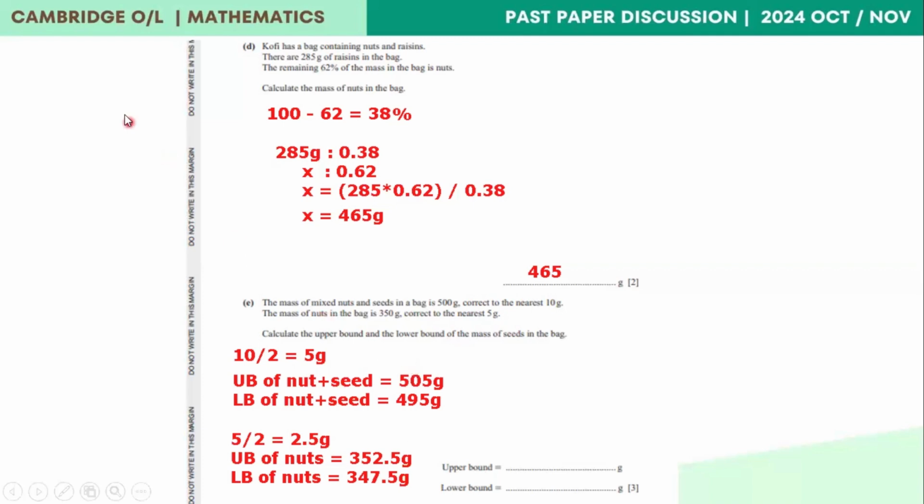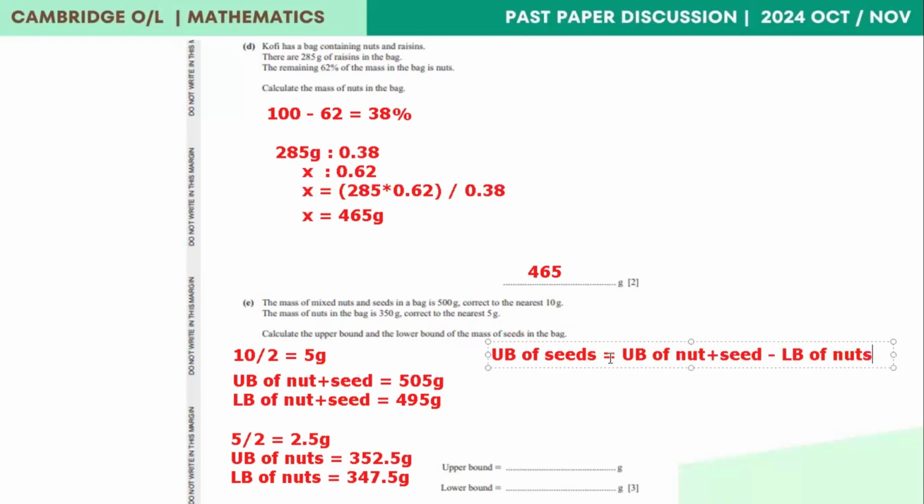So now they are asking the upper bound of the mass of seeds. The upper bound of the mass of seeds is going to be equal to, we need a high value. So in other words, we need the upper bound of nuts plus seeds minus the lower bound of nuts. That is because overall we need an upper bound value, or a higher value, of the seeds.